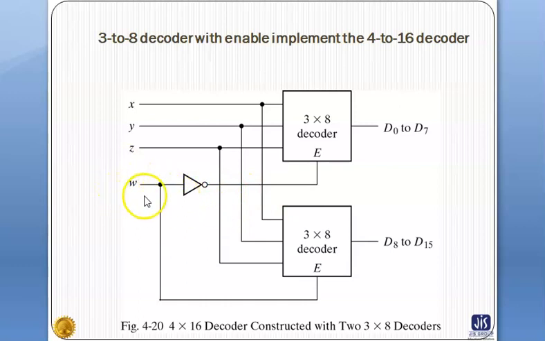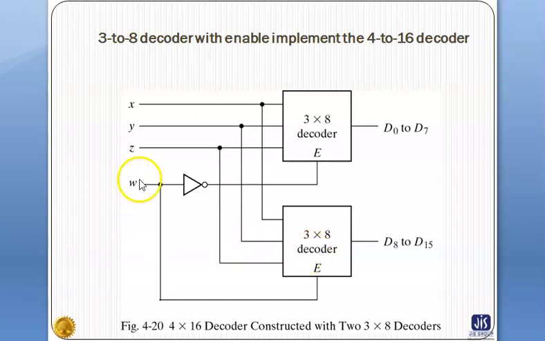If W is equal to 0, the upper decoder will be active and the lower decoder is disabled, and similarly if W is equal to 1, the upper decoder will be deactivated and the lower decoder is active.